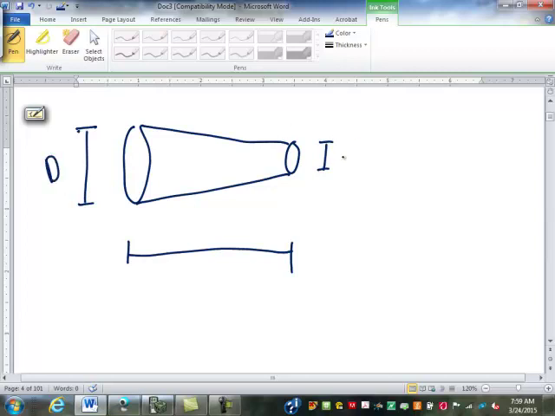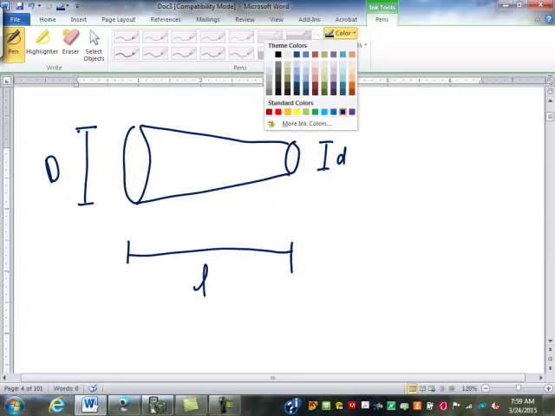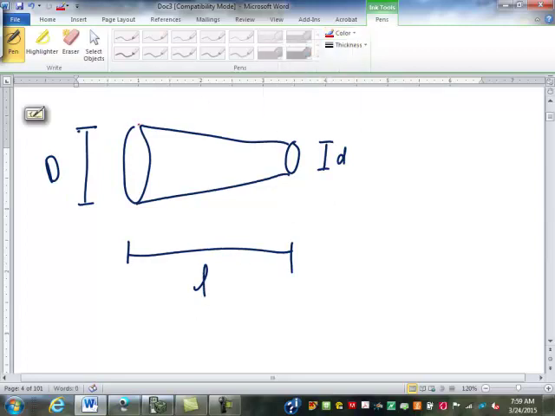We have the large diameter, the small diameter, and of course the length. But there is a fourth feature that we sometimes talk about. It's the taper angle, right there. To find that taper angle, we are literally just constructing a right triangle here. There's our right angle. This, of course, is the length.